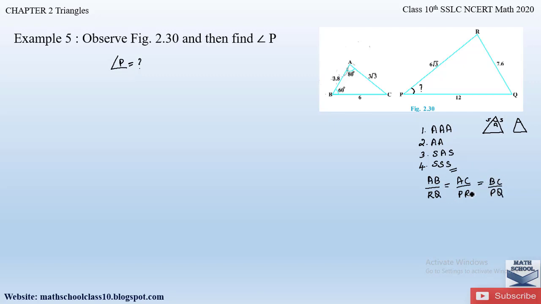If the proportion of the three sides are equal, then we can say that the corresponding angles of these triangles are also equal, and hence the triangles will be similar. Okay, so this property we are going to apply in this example number 5.